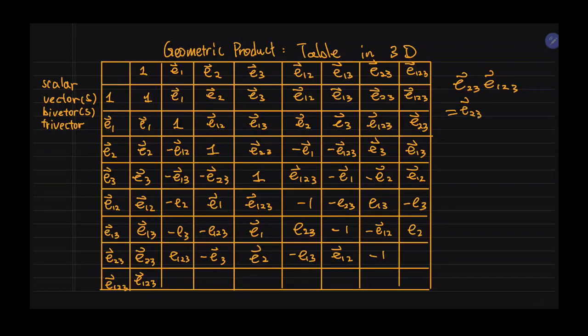So let this be E23, and swap to 213, then swap again, so it will be 231, and then swap one more time, E321, and then this is equal to E1.